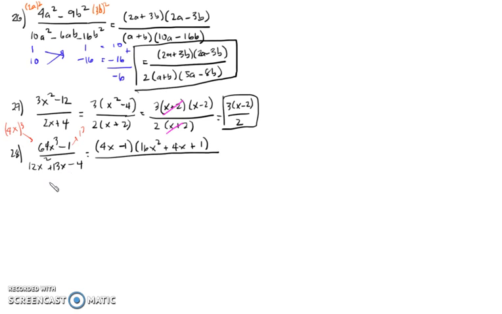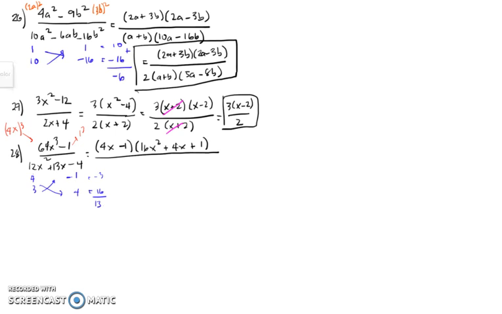Then use the cross method. For 12, let's say 4 and 3. For negative 4, that gives me 1, negative 1, and 4. So multiply, that gives me 16, then negative 3. Then I add these, it gives me positive 13.